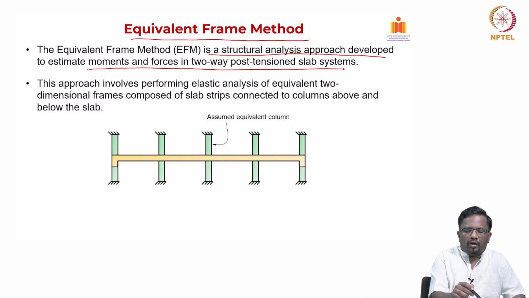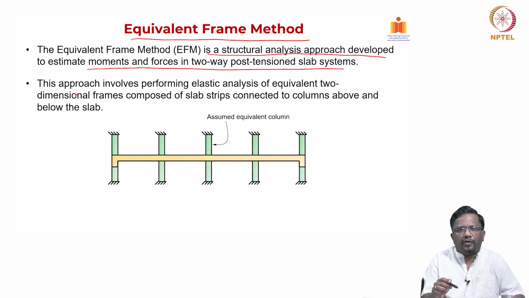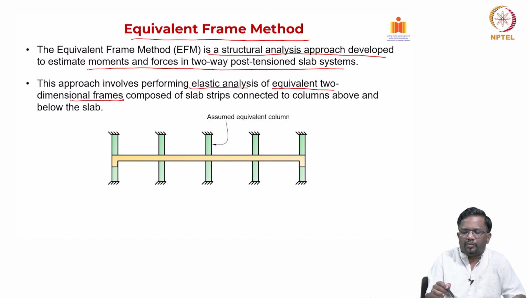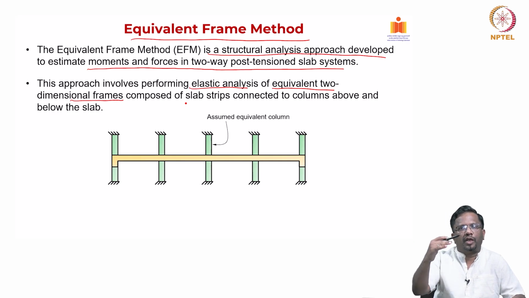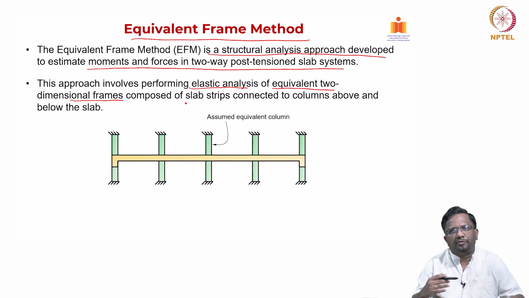Well, in this method, what we are actually doing is structural analysis. We are doing elastic analysis of an equivalent two-dimensional frame that is composed of slab strips, and the columns above the slab and below the slab are assumed to be fixed.